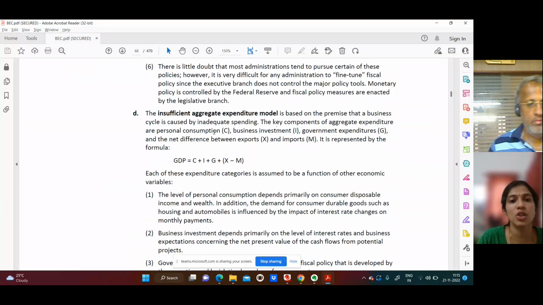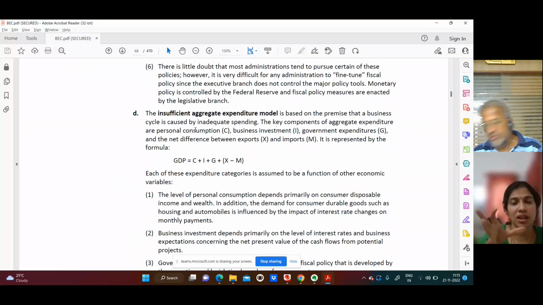This insufficient aggregate expenditure model is based on a premise that a business cycle is caused by inadequate spending. So your expenditure GDP is using this model. It measures GDP using the expenditure which is being incurred, right?